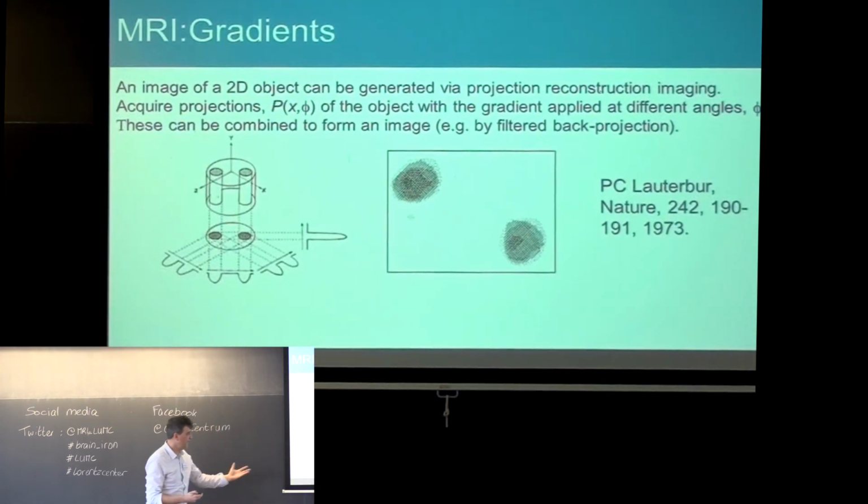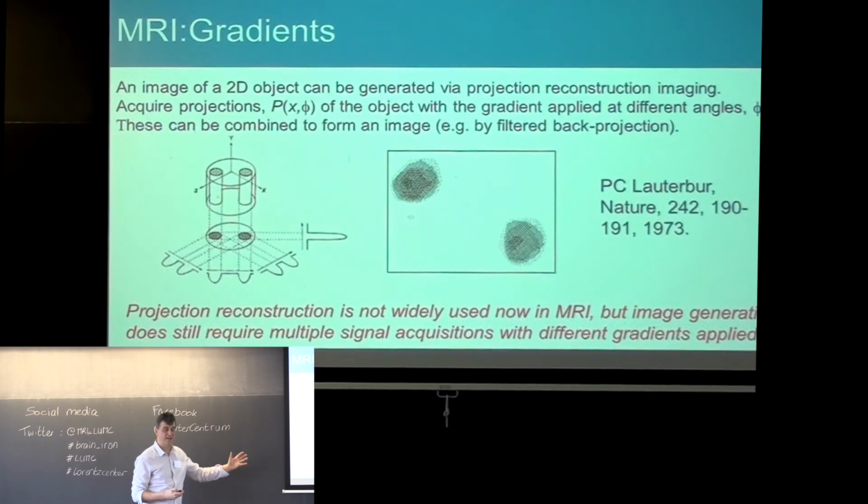So I'm using that example, but it's fair to say it's not really how people generate images nowadays. Projection reconstruction imaging is used in some circumstances, but it's not the main technique. But hopefully it captures some of the important concepts, which are that to make an image you usually have to make multiple measurements.